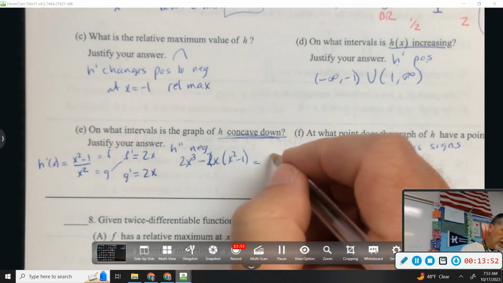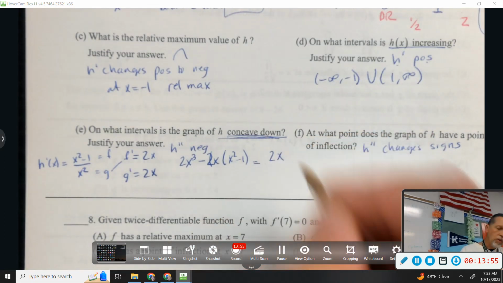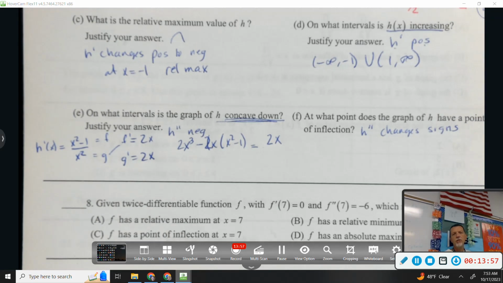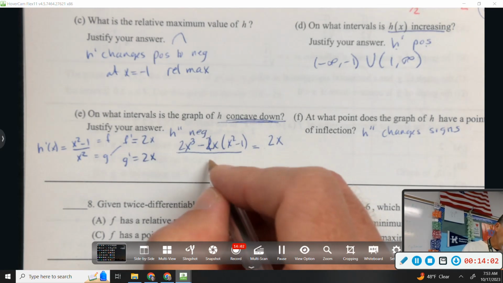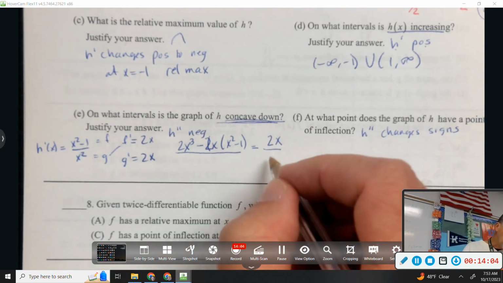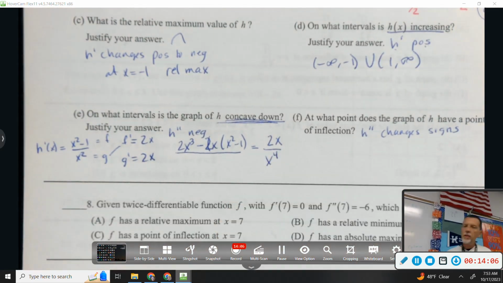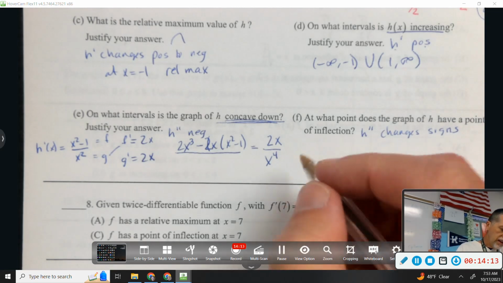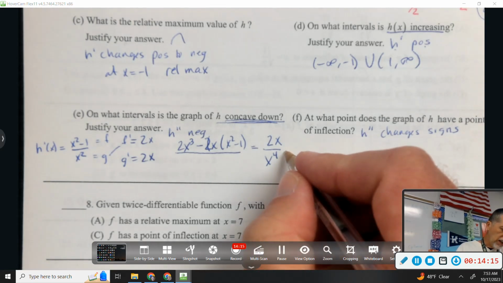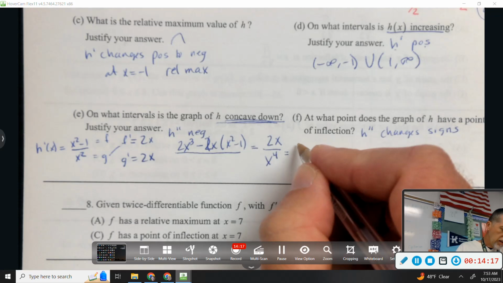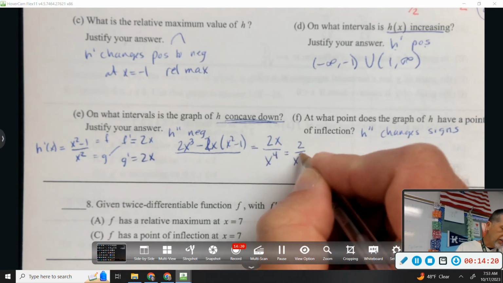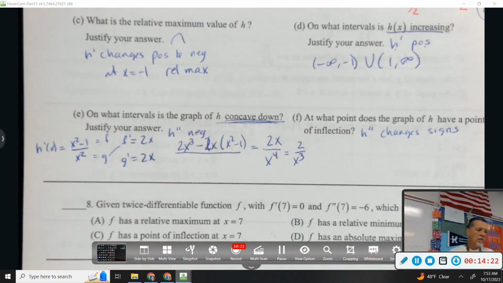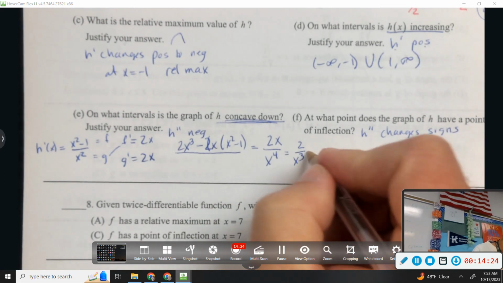So that's going to end up being just 2x after I distribute the negative and collect like terms, all over the denominator squared, x to the 4th. So let's see, I could reduce that and get 2 over x cubed. That's my second derivative.